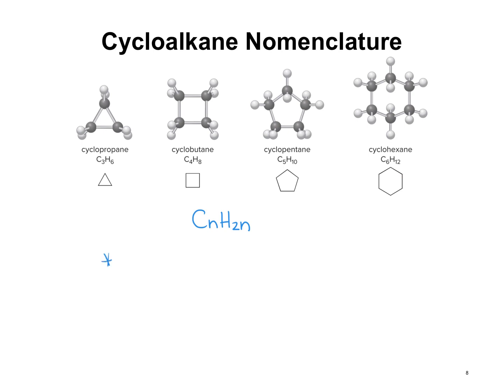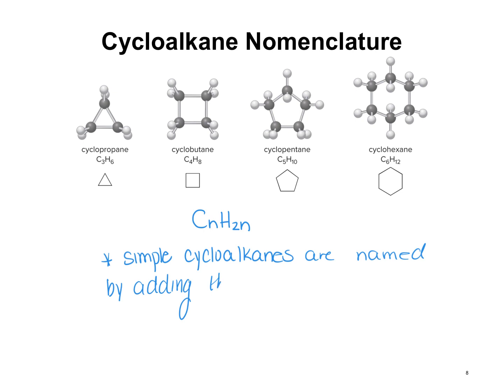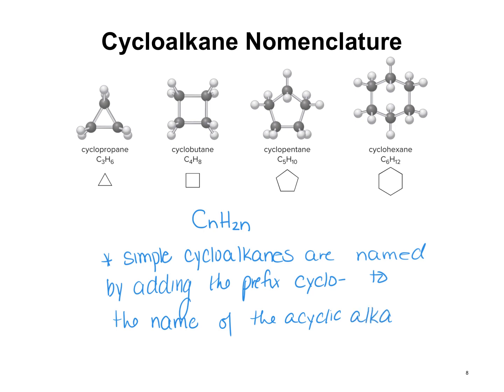Simple cycloalkanes are named by adding the prefix cyclo to the name of the acyclic alkane having the same number of carbons.